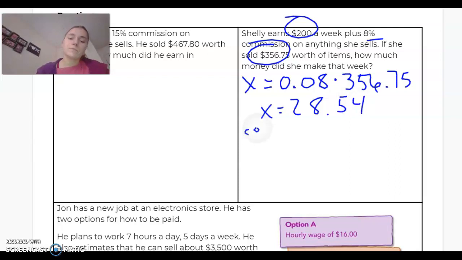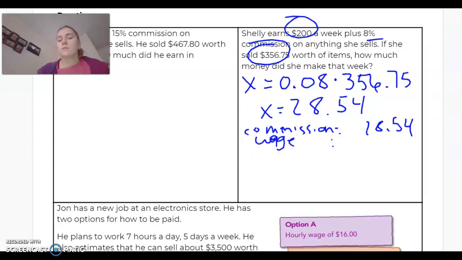Okay? So we're going to set this up. Commission, that's $28.54. And her wages total is that $200 that she earns per week. Okay?